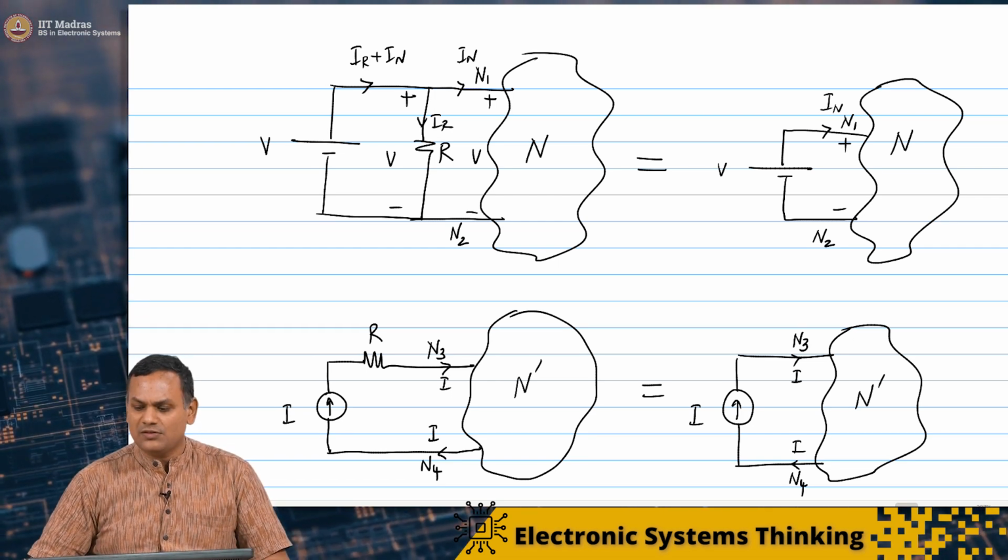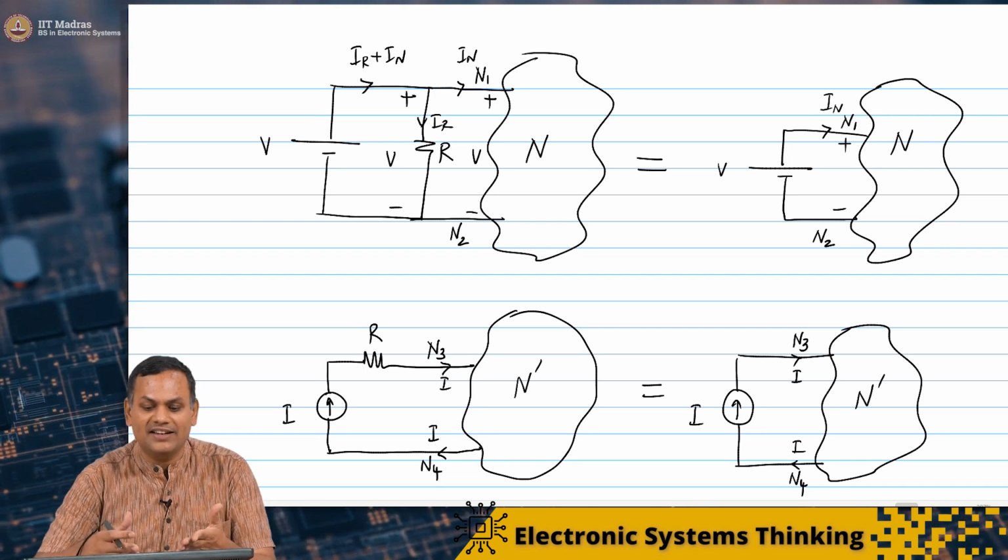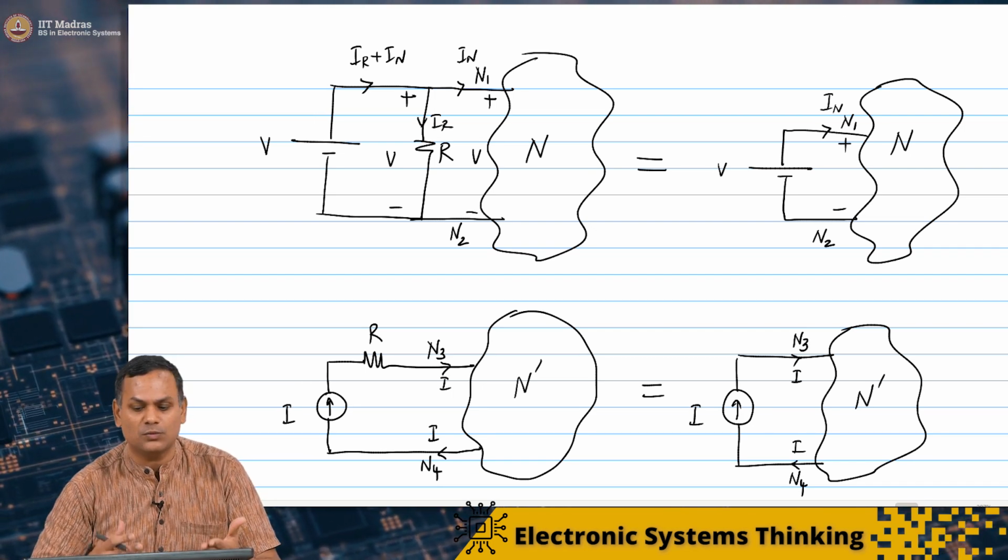What changes between these two networks? Again, in the earlier case, the current drawn from the voltage source was different.